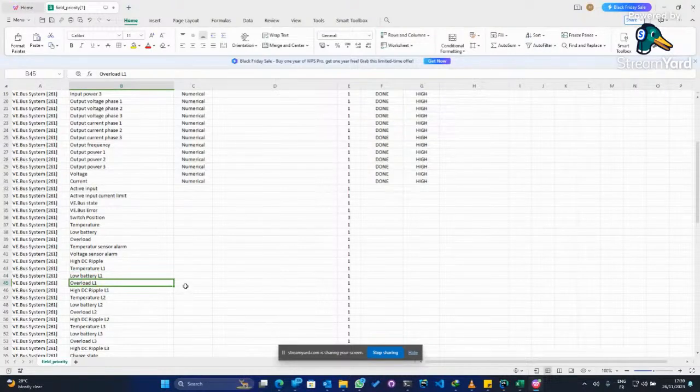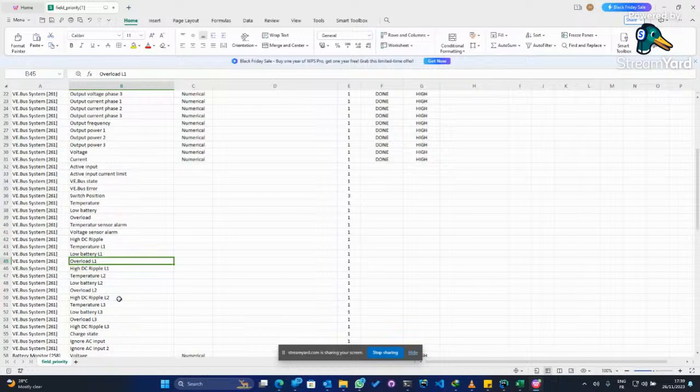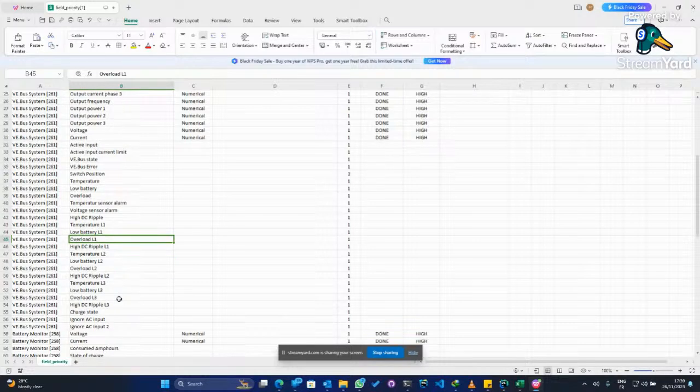Overload is actually an alarm. In this data set you might have noticed both numerical and categorical values. So we have been focusing on the numerical values, but the categorical values might also be important depending on the implementation that you are choosing.